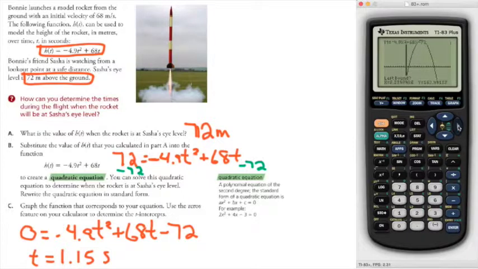My left bound should be right about there. I just need to be to the left of that point. So I'll confirm that. Right bound, move to the right of that point. My guess, I'll move close, and we get a second point at t equals 12.72 seconds.